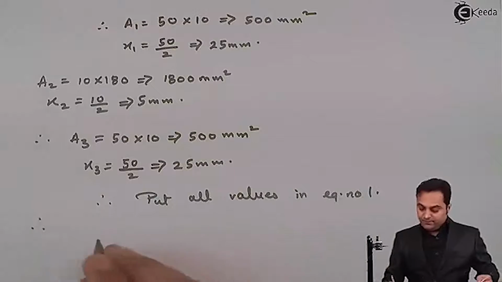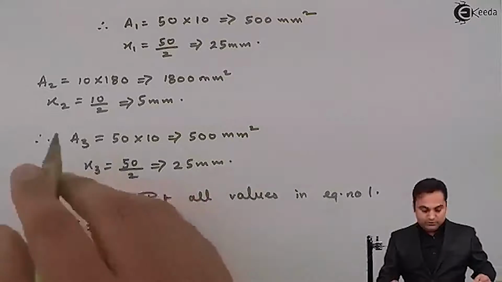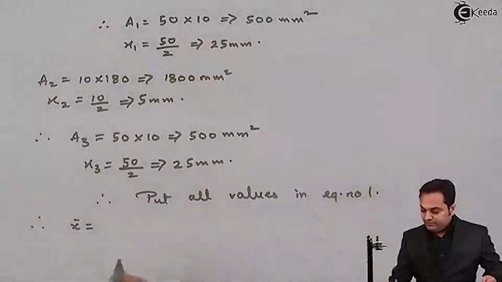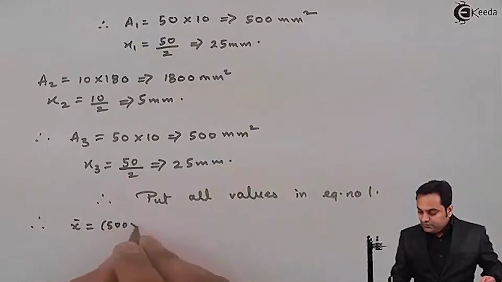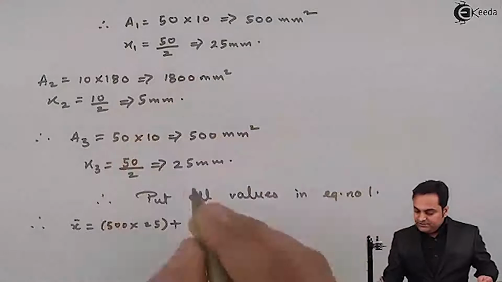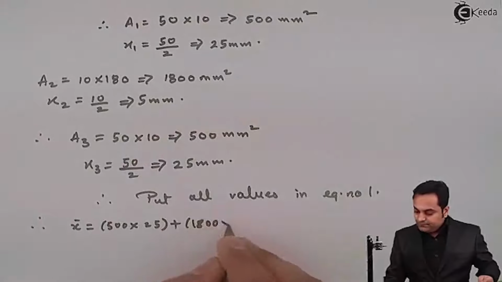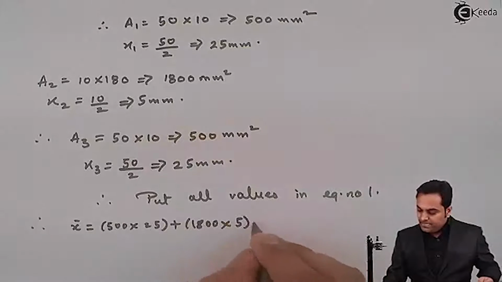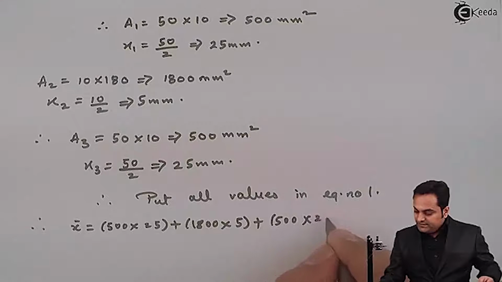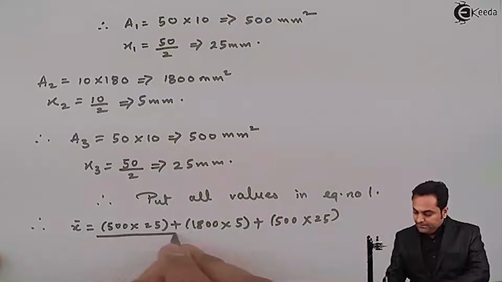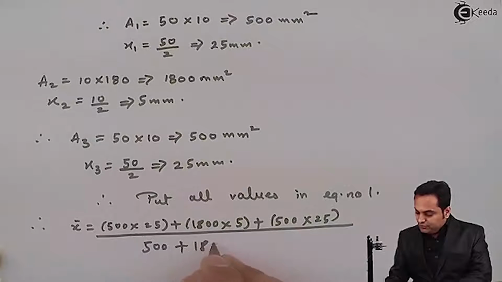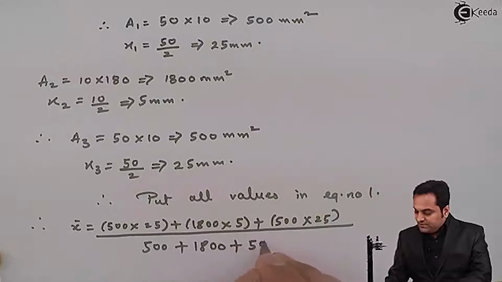So we have x bar equal to a1 into x1, a1 is 500 into x1 is 25, plus a2 is 1800, x2 is 5, plus a3 is 500 and x3 is 25, divided by area 1 plus area 2 plus area 3.